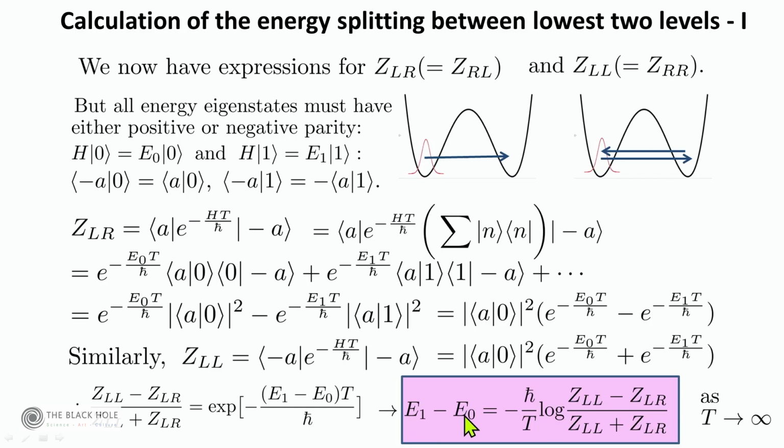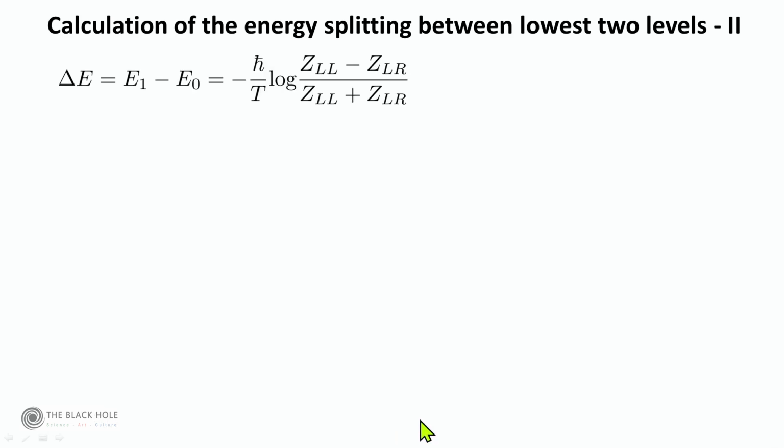You saw at the beginning that I had drawn the level structure and said that there were two energies very, very close to each other. And now, if we have explicit expressions for Z_LL and Z_LR, just stick them over here, and then take t going to infinity, and we will have this.